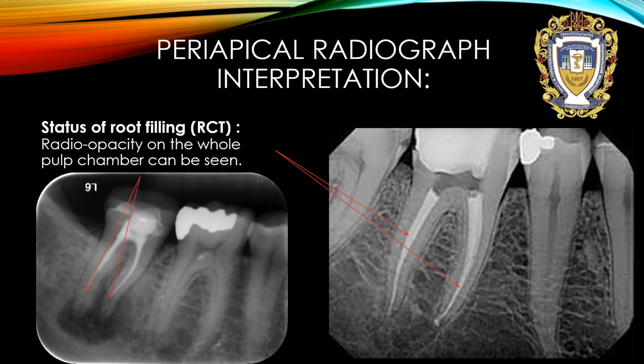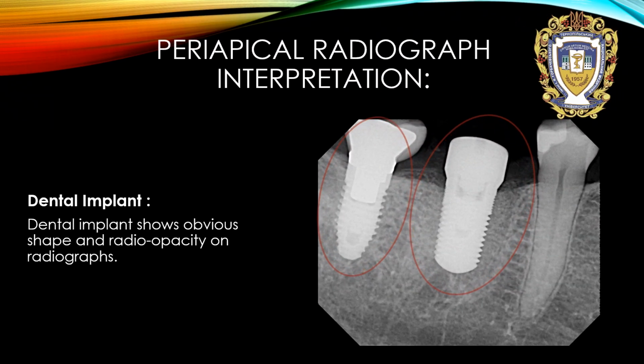In the left picture, as you can see, root canals are not treated satisfactorily, and it caused development of a periapical cyst. Dental implant. What do we need to evaluate in case of a dental implant? A dental implant shows obvious shape and radio opacity on radiographs.